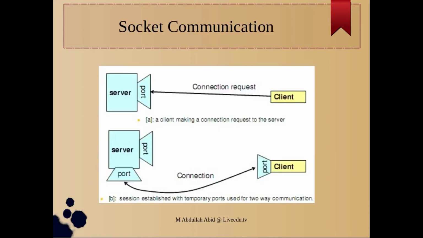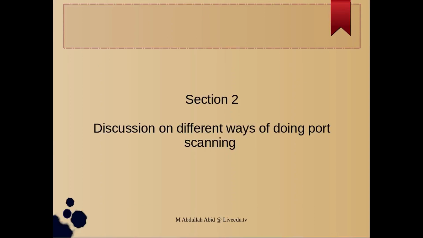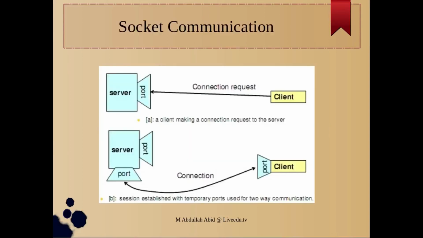Now, socket communication: a client requests a connection to a particular port, the requesting port. The server is assigned for accepting the request. The server will accept it, create a new socket, and communicate with the client using the new socket. The older port is used for receiving new requests.